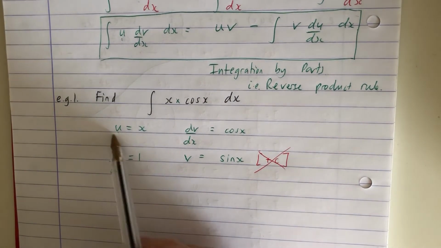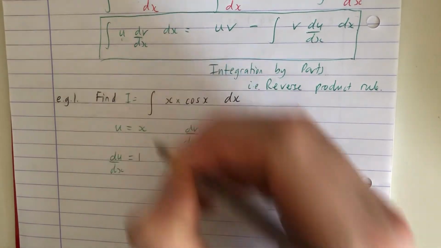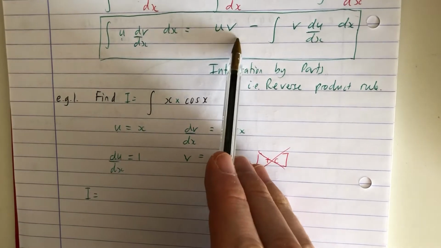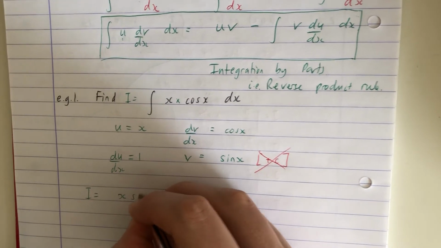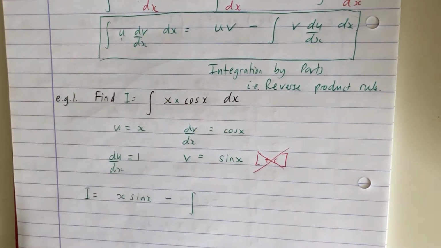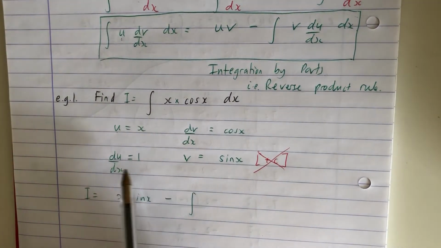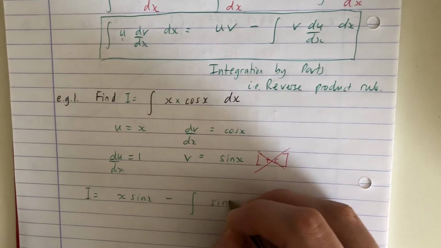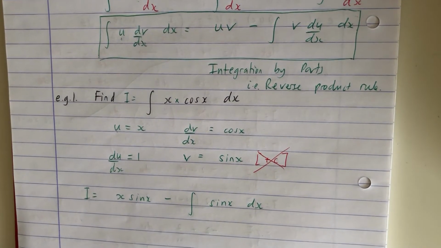Now, this is everything in that formula. So if I call that I, it is equal to, the formula says, uv, u times v, x sin x, subtract the integral of v times du by dx, so sin x times 1, which is sin x, dx with respect to x.